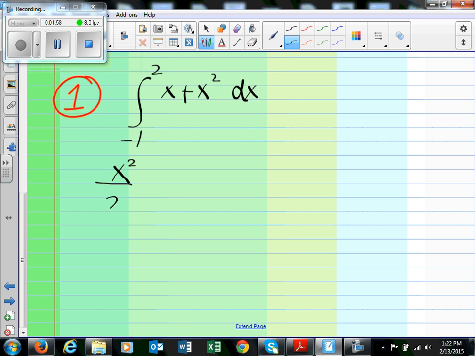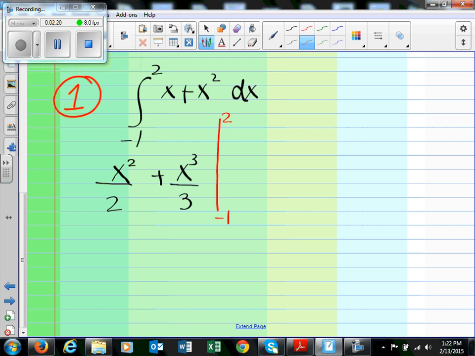What about this? x cubed over 3. And then, since it's a definite integral, we put down the limits. The lower limit is -1, the upper limit is 2.